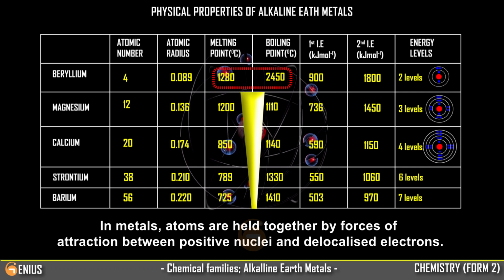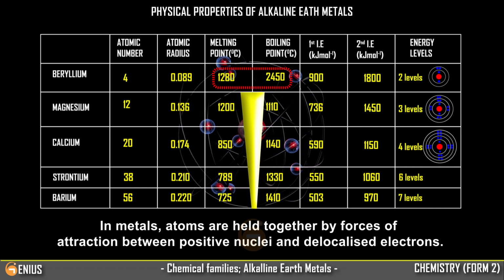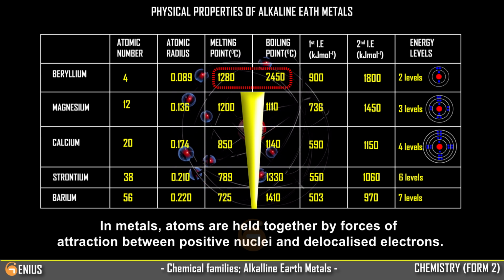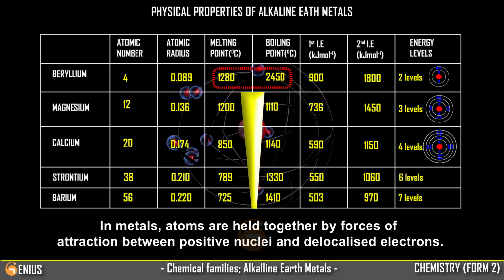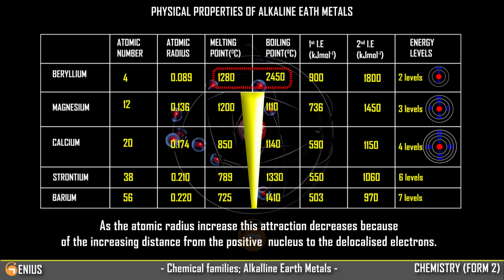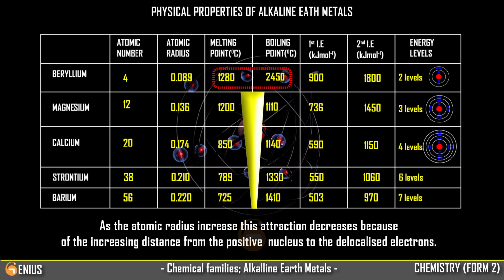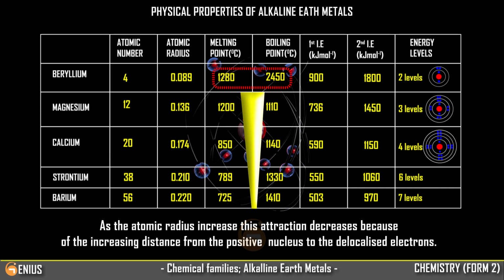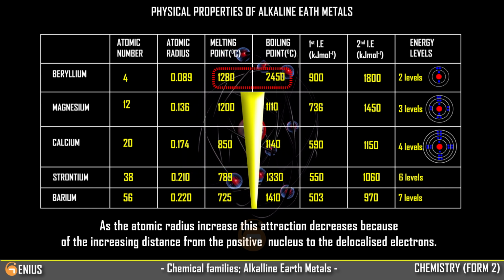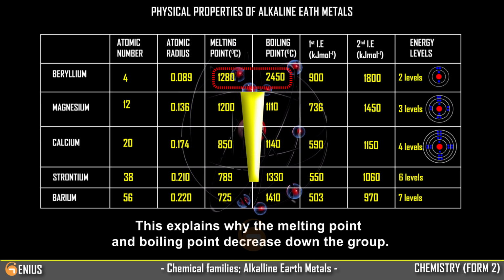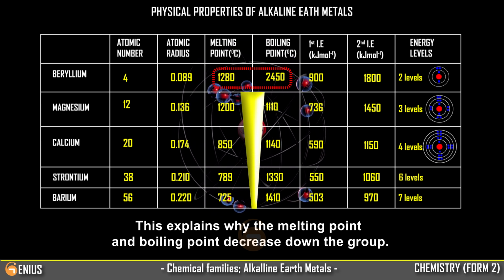In metals, atoms are held together by forces of attraction between positive nuclei and delocalized electrons. As the atomic radius increases, this attraction decreases because of the increasing distance from the positive nucleus to the delocalized electrons. This explains why the melting point and boiling point decrease down the group.